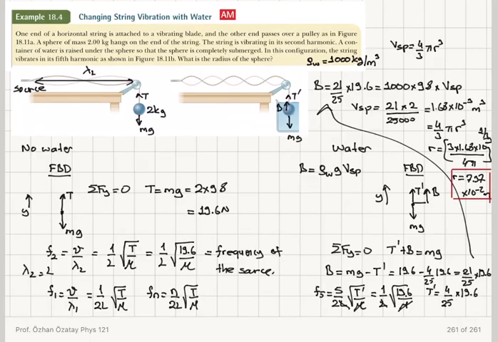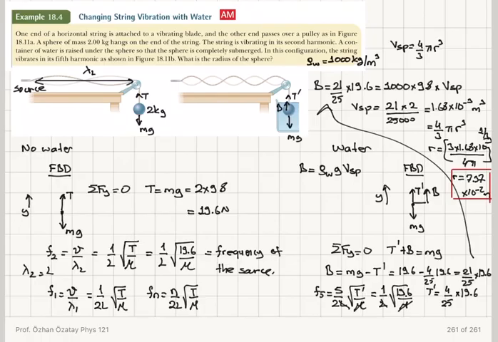Okay, so the important thing to notice in this problem is that I have two scenarios, no water and with water. With the no water case, I know that the oscillation is in its second harmonic. I have the second harmonic mode, which tells me the frequency of the source.